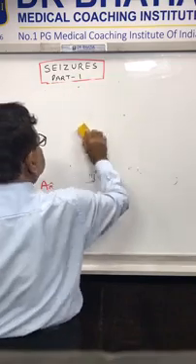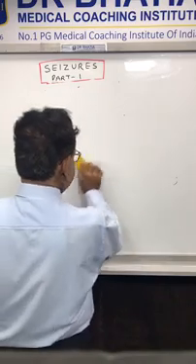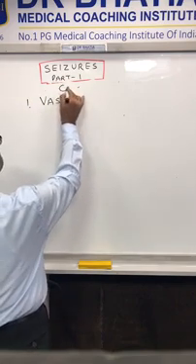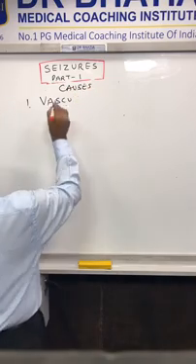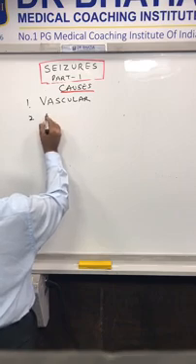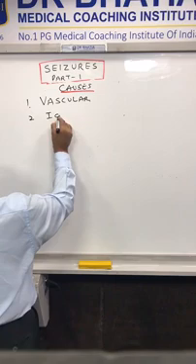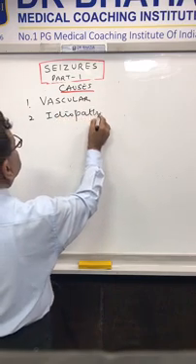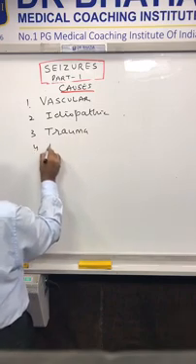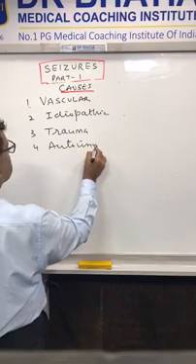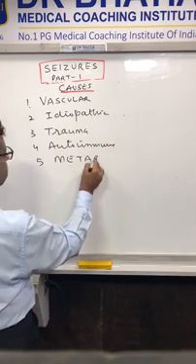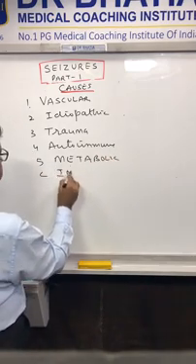Now, what are the causes of seizure disorder? It could be vascular, idiopathic, traumatic, autoimmune, metabolic, infection.